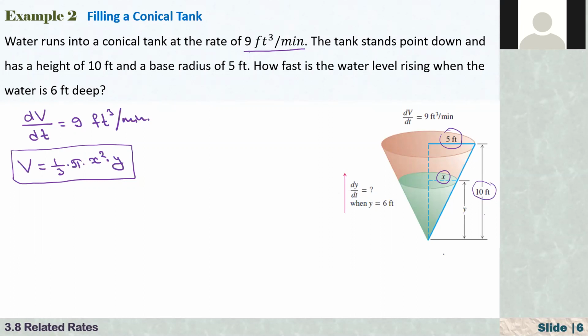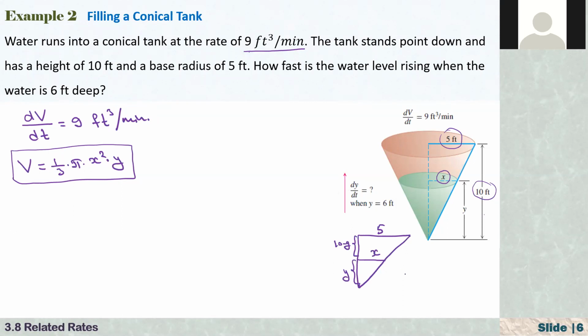If I draw this triangle, it is something like this. That's the slant height, that's the base, it is 5, it's not changing. Height of the cone, it is 10. But at any point, let's say this one is x, and this height is y. So the remaining part, the total height is 10, it should be 10 minus y.